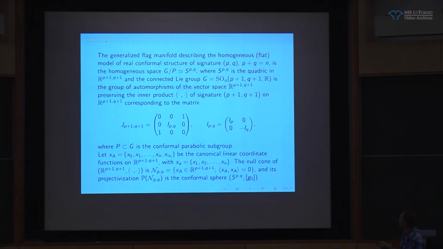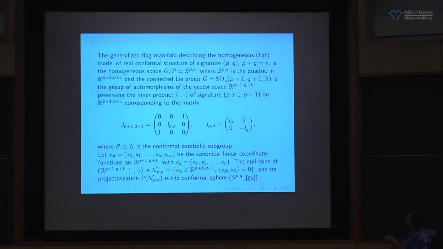So we take the ambient space, the real vector space R^{p+1,q+1}, and then we consider the matrix of the scalar product on the vector space, and in the coordinates with respect to a given basis, we consider all vectors which have 0 norm with respect to the scalar product, and they form the cone, which is called the null cone, and its projectivization is the model of the conformal sphere, where this means that the conformal structure is induced on the quadric denoted by S^{p,q}.